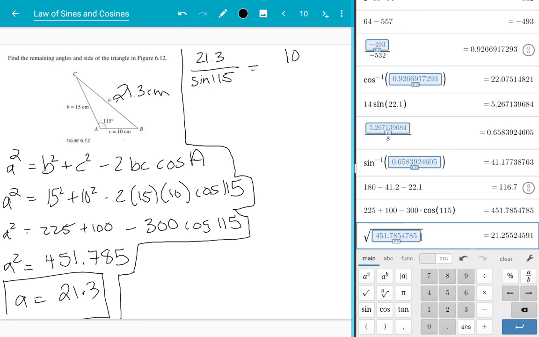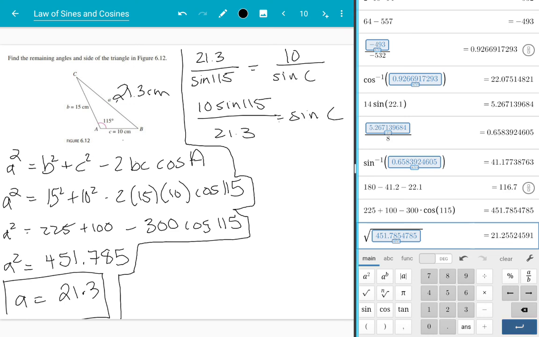So 10 over sine C. So 10 sine 115 over 21.3 is equal to sine C. Do the calculator work and we should be good to go.